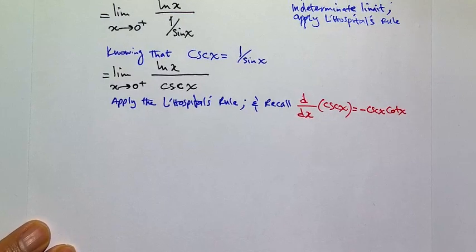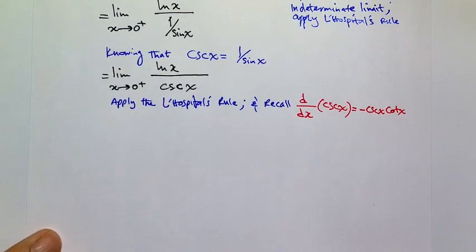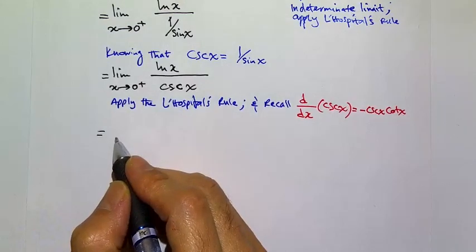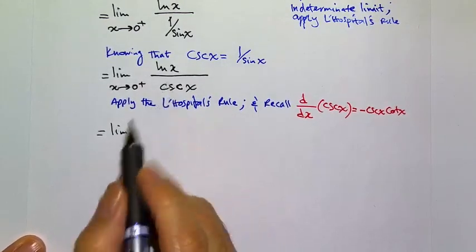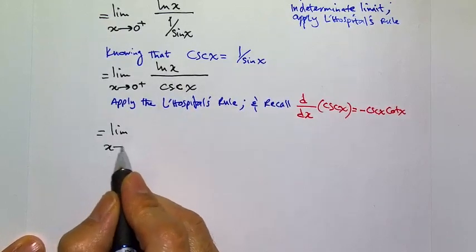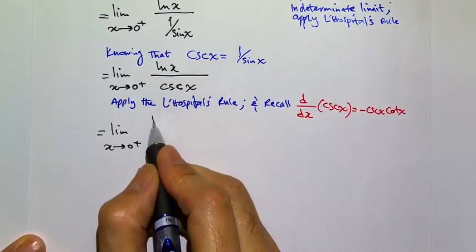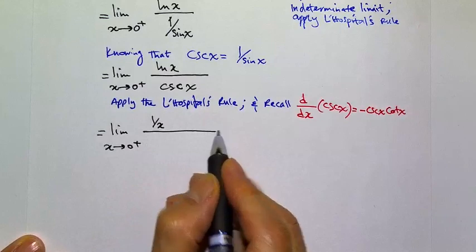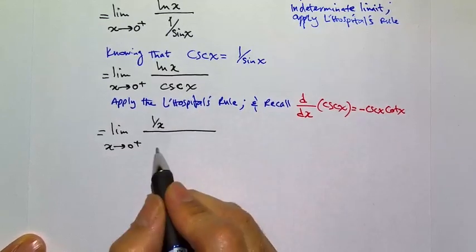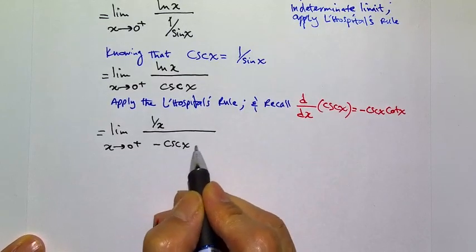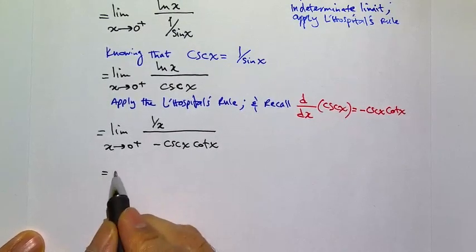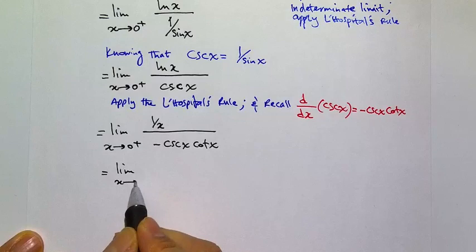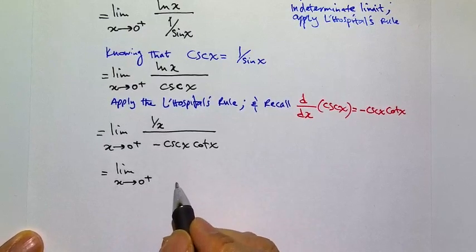All right, so we have that. And then let's take the limit, and we're going to take the derivative of numerator and denominator. So that'll be 1 over x, right? And for the denominator, we have minus cosecant of x cotangent of x. And then the limit as x goes to 0 from the right.